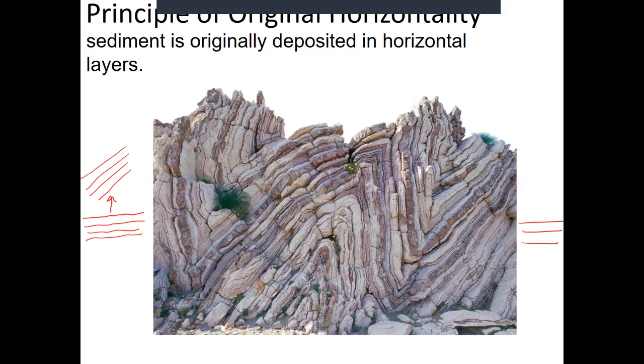Okay. If we find sedimentary rocks that are folded like these ones, then we say that those rocks did not form that way. They were originally horizontal, and then they were folded. You can see the folds in this rock.